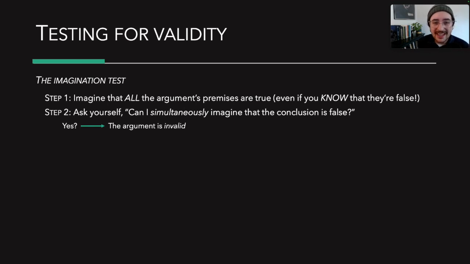And so the argument is invalid. If the answer is no, then the argument is valid. And that's because the idea is, if all the premises were true, like you are imagining, you realize that the conclusion has to be true as well. And that's just what it means for the argument to be valid, is that if the premises were true, they would thereby guarantee the conclusion.